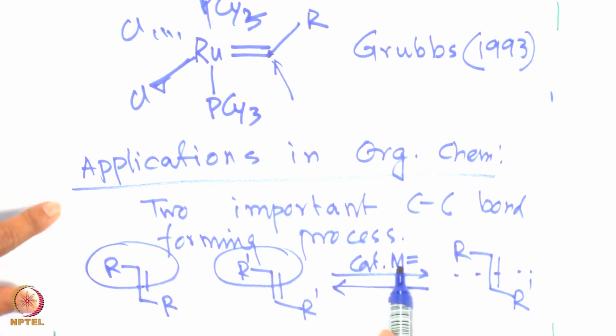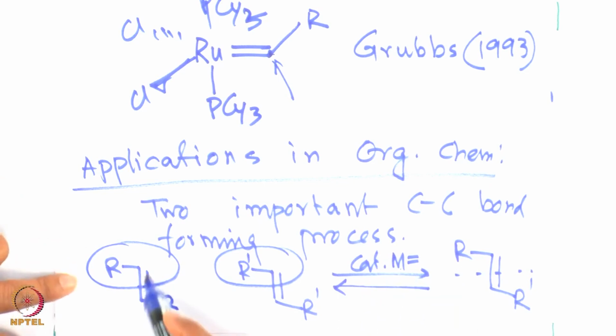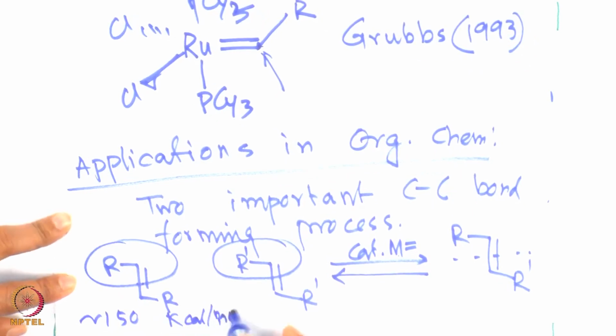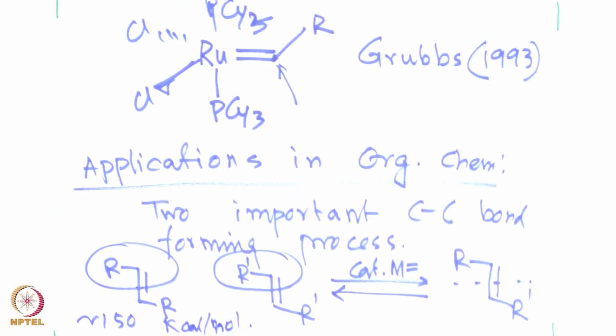Now, this metal is used as a catalyst and often it is done under thermal reaction control. Of course, it can be reversible in nature. These carbon-carbon double bonds, as you know, are about 150 kcal per mole, and breaking them and doing these reactions is quite interesting, because you are breaking a 150 kcal per mole double bond and exchanging the partners at room temperature.